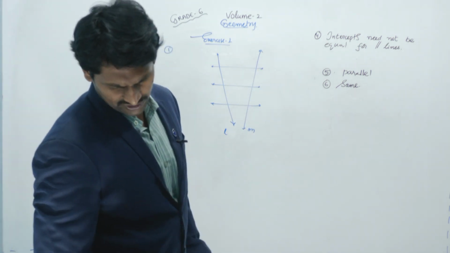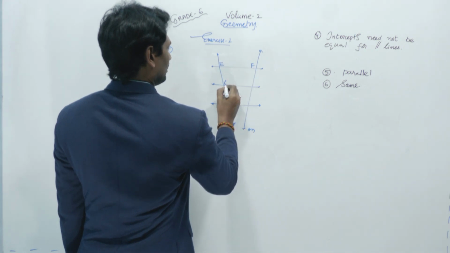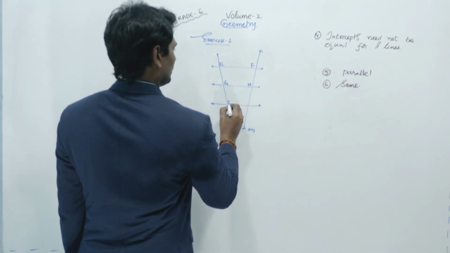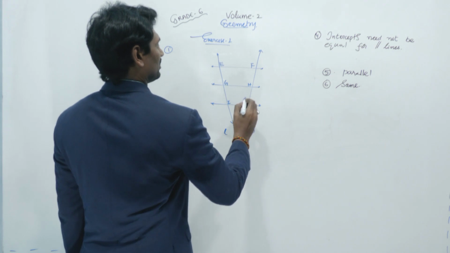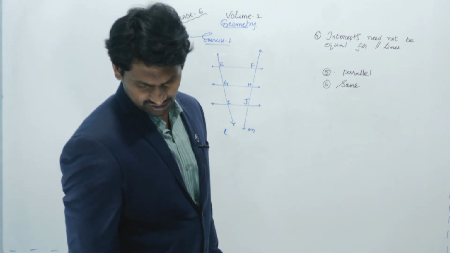And E, F, G, H, I, J are the points made by the transversal, the intersecting points.